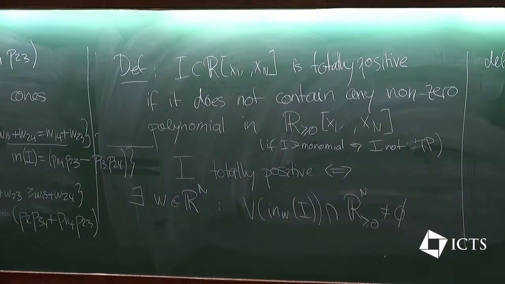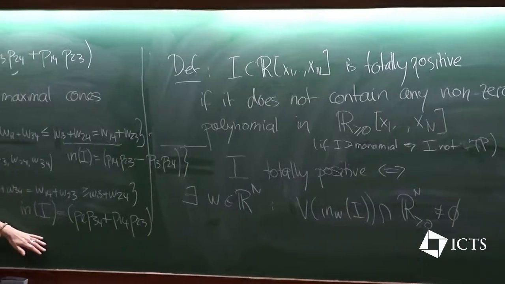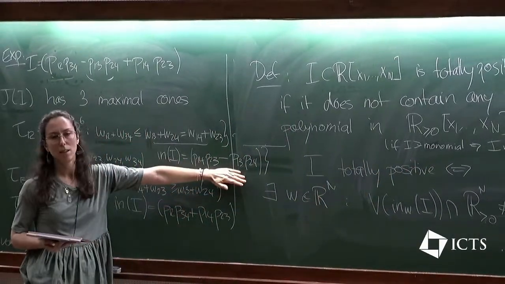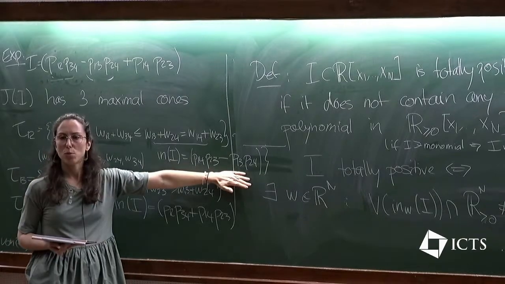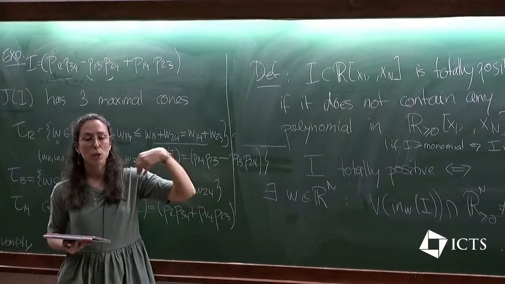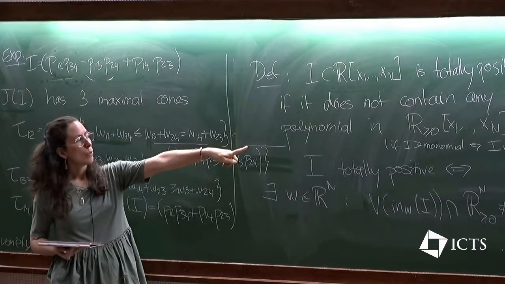In consequence, if my ideal is generated by a binomial, this means it already has to be totally positive, because if I would take another initial form, I would be left with a monomial and I will not be totally positive.